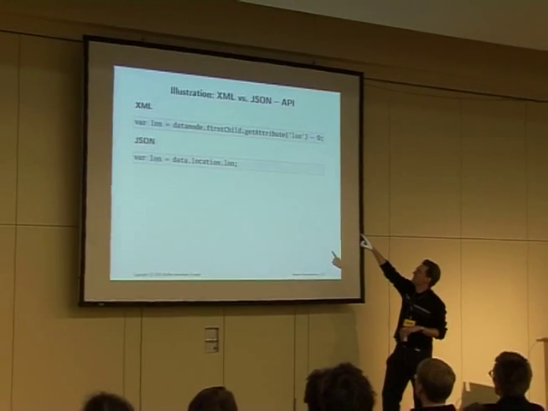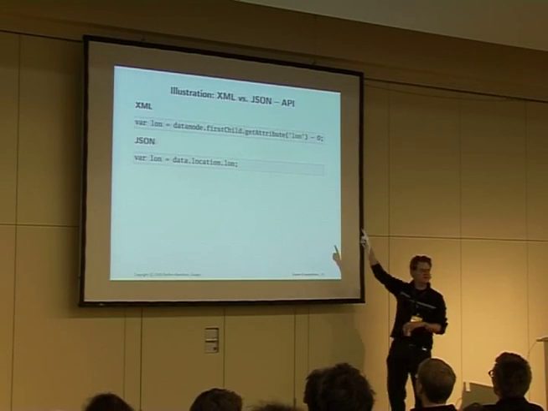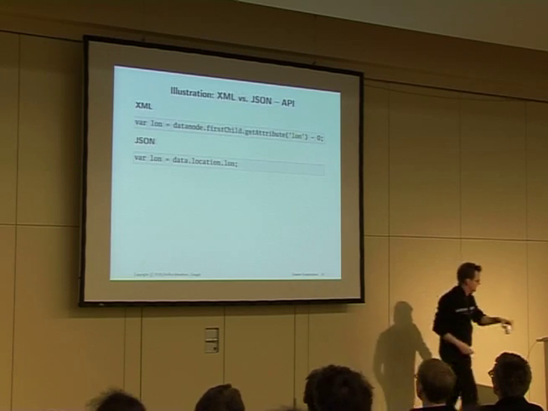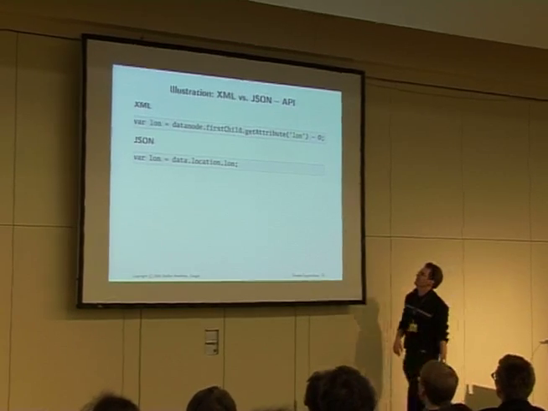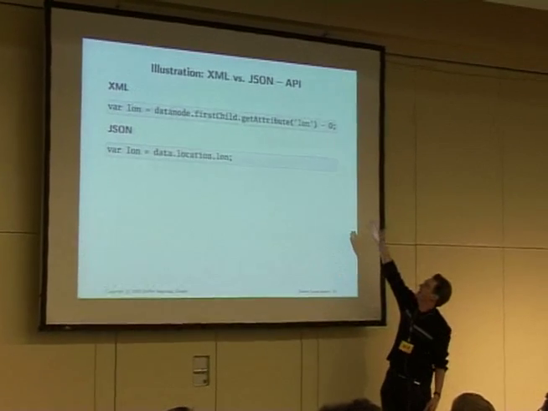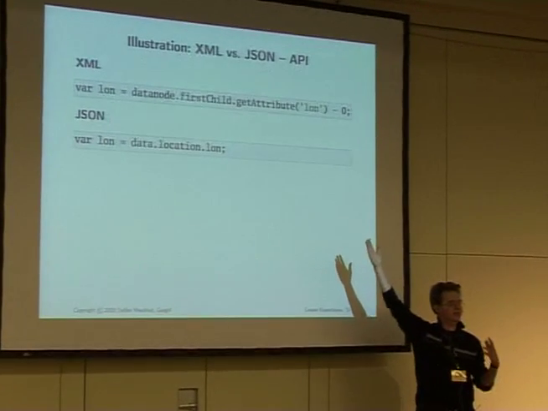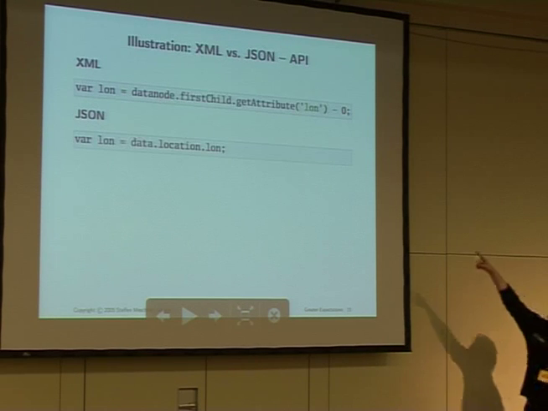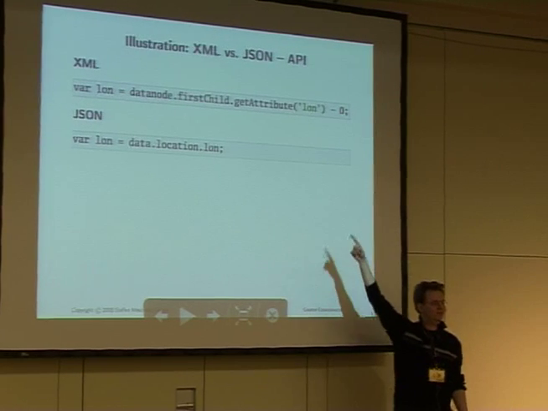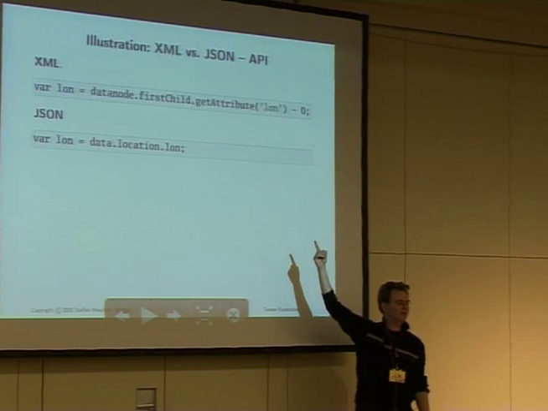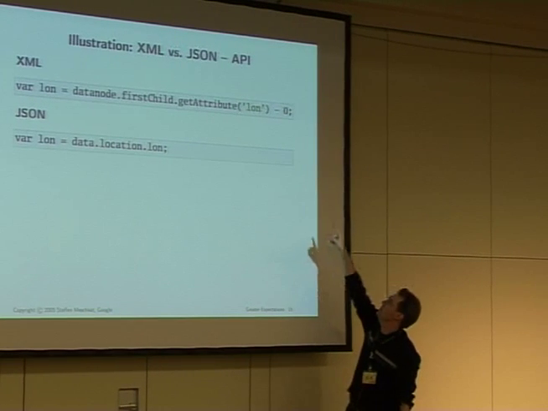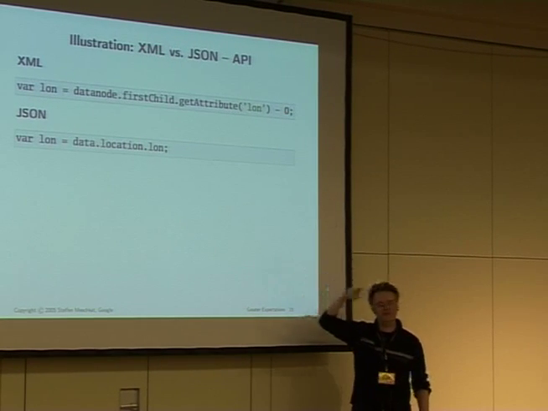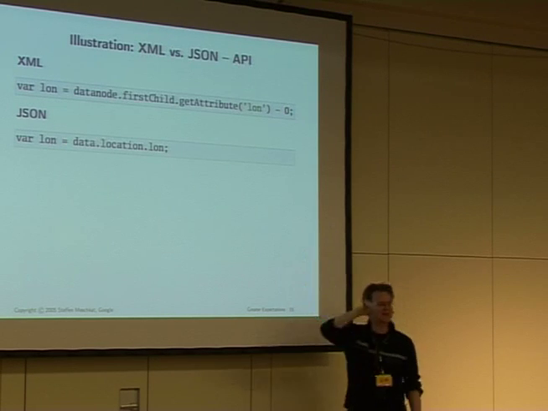However, you remember the way names are created in the document object model. The way to access an attribute in the document object model of this XML document that you've received looks like this, which is much more tedious to write down, and it is also only a string. That is, if you really want to be sure that this is a number, then one way to do this in JavaScript is to subtract null.